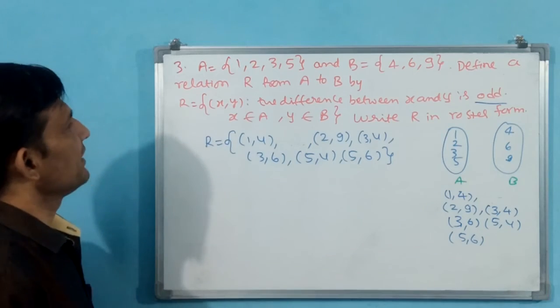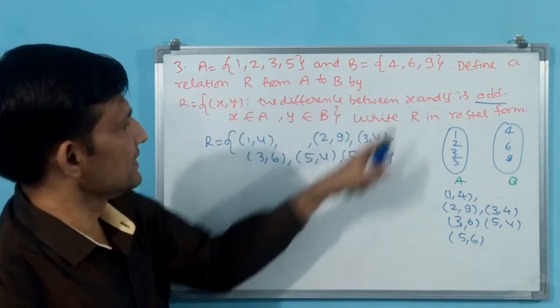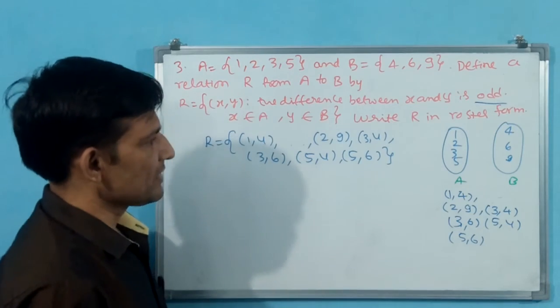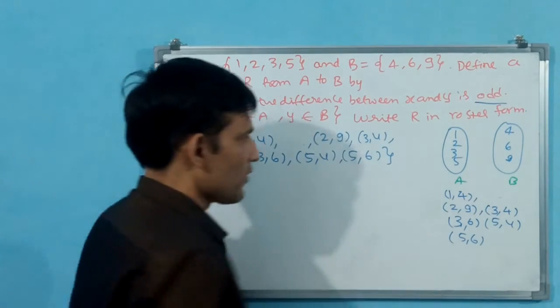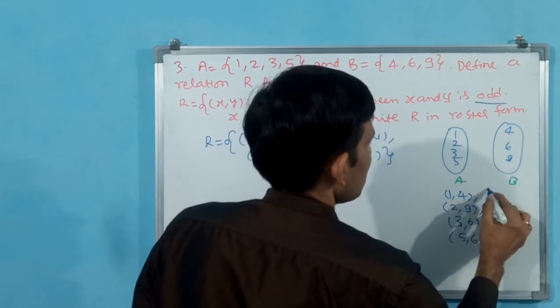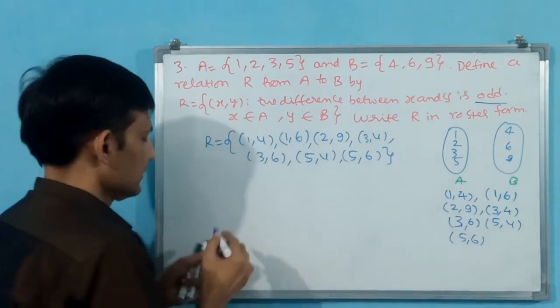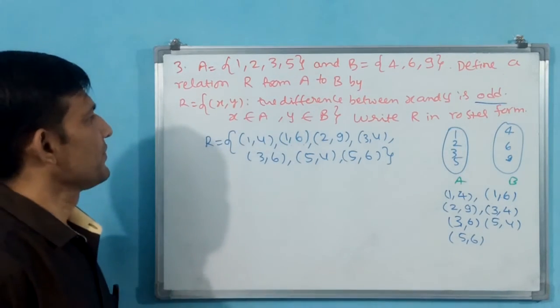We have done some mistake. 1 4, 1 6. 1 6 means 5 will come. That is 1 6, not 1 5. Here we write 1 6. Some mistake we have done. Okay, 1 6.